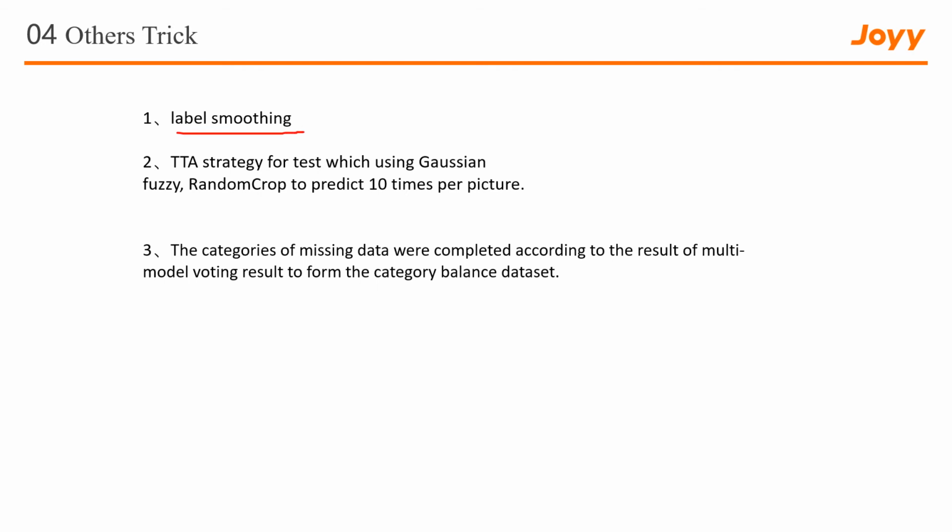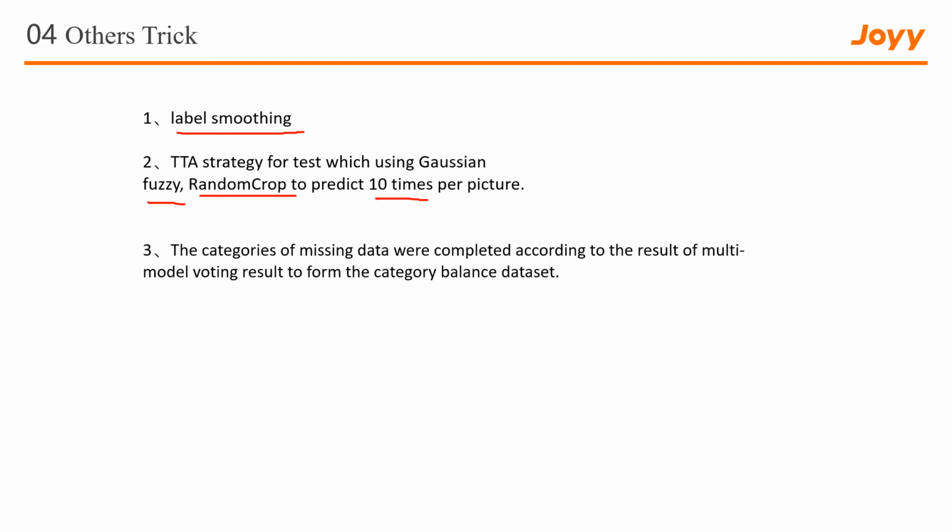Second, a TTA strategy was used for tests, which uses Gauss fusion random crop to predict 10 times per image. Third, for the V2 dataset, the training samples with inconsistent results were removed, and the number of training samples was therefore reduced to 1.6 million.